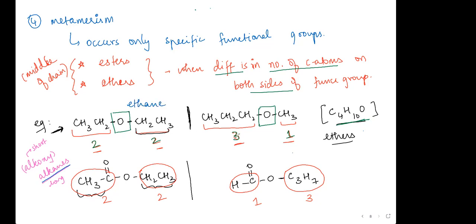In this case, 3 is the longer side, so this will end with propane. Next, the shorter side will change into alkoxy. Again 2 and 2 doesn't matter, you already covered ethane, so the only thing left is ethoxy. So this is ethoxy ethane.